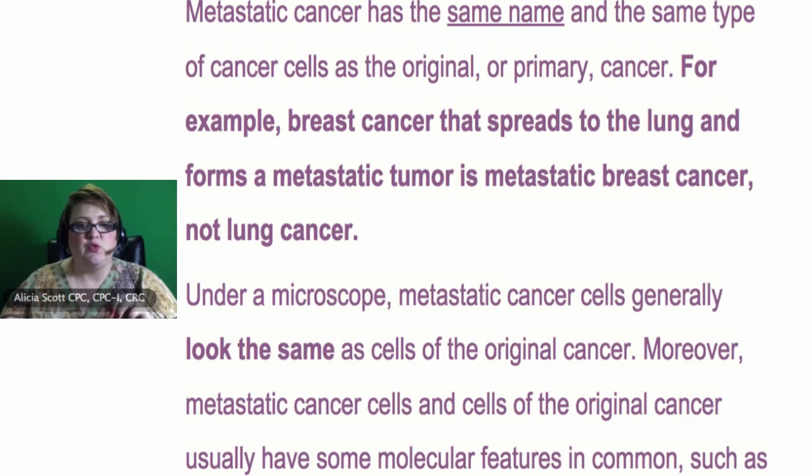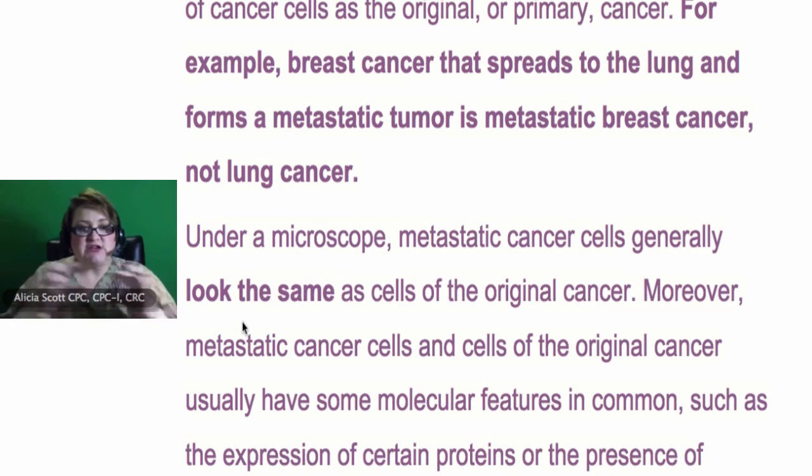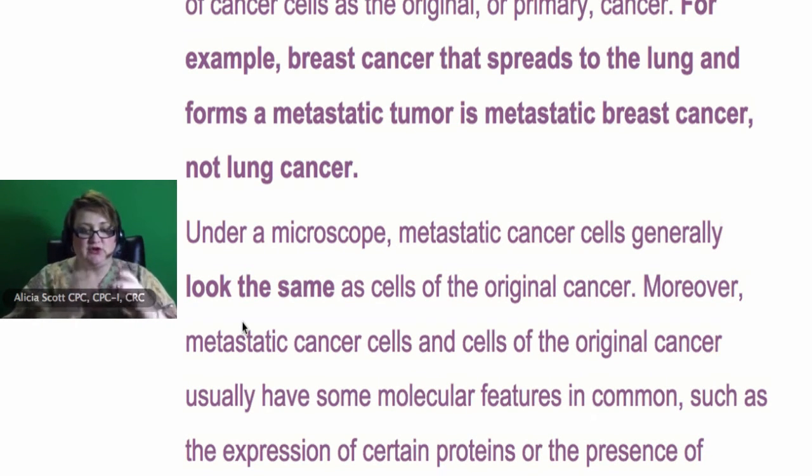And the way they know this, behind the scenes, when they actually look at the cells, the cells stay the same. So if it's breast cancer cells, cells that went haywire and no longer are doing what they're supposed to be doing for whatever reason, and it goes into the lung, it's breast cancer cells in the lung.